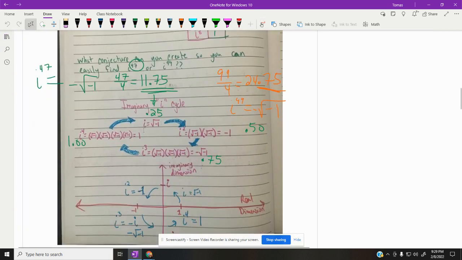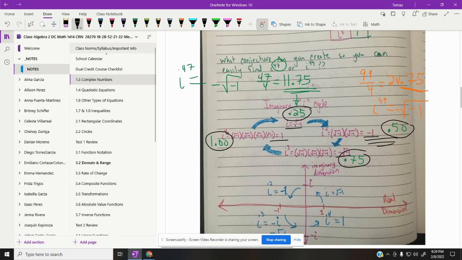We had 4 possible answers, either this, this, this, or 1. Just remember it's a 4-piece cycle: 0.25, 0.50, 0.75, and 1. So our answer right here was 0.50, so our answer is going to be -1.